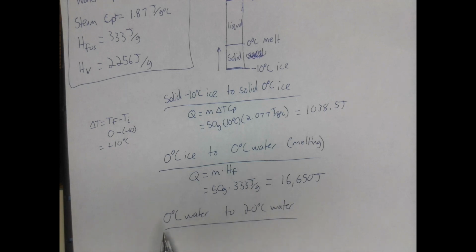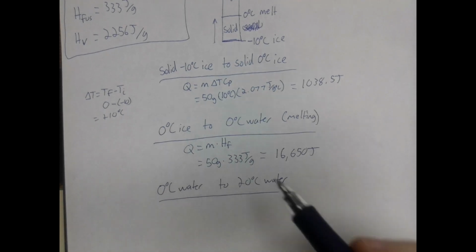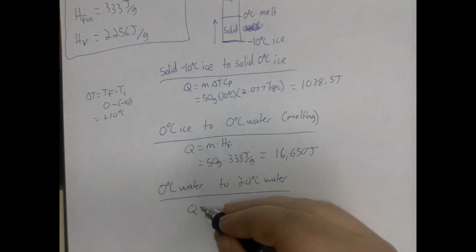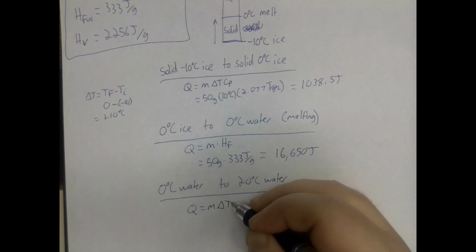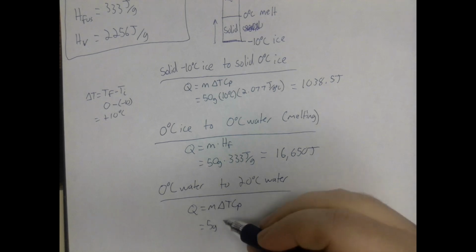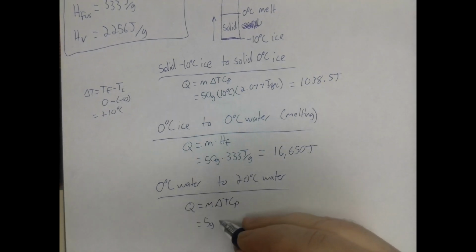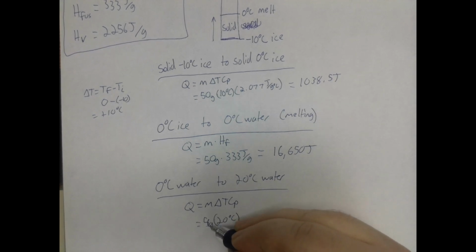Then to heat water from 0 to 20 degrees Celsius, we would go back and use this equation, but we change which CP value we use. So it's 50 grams. We're going from 0 to 20, so 20 minus 0 is 20 degrees Celsius.